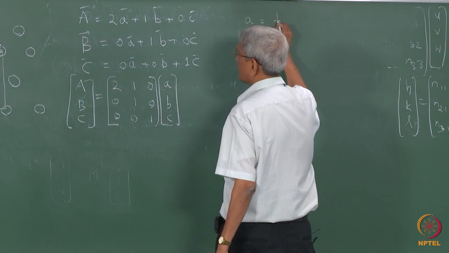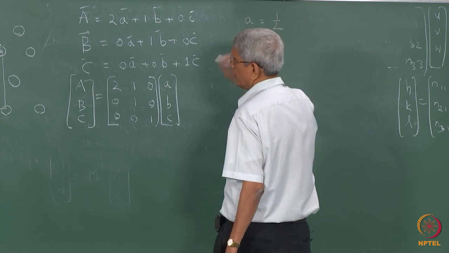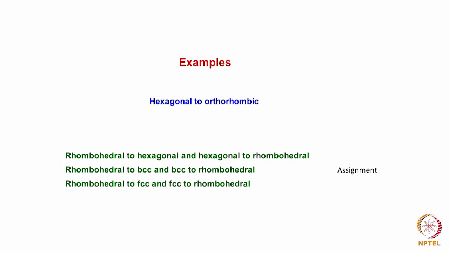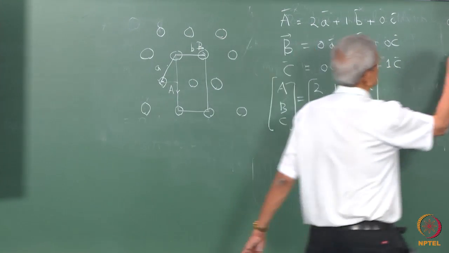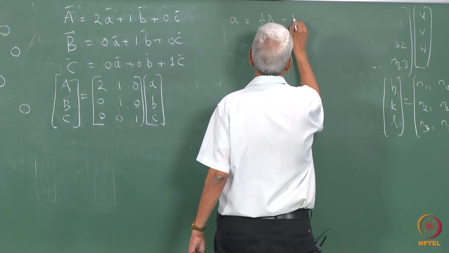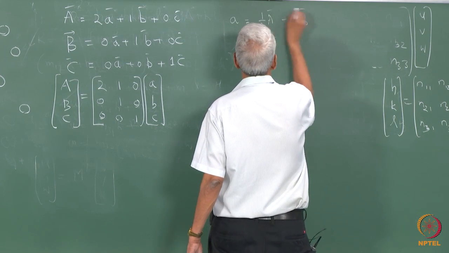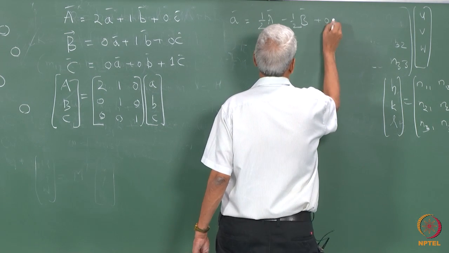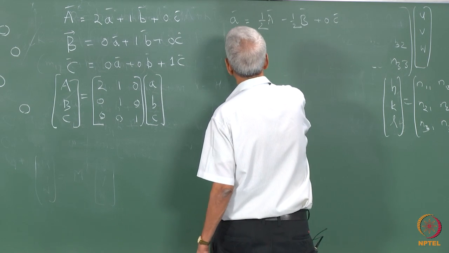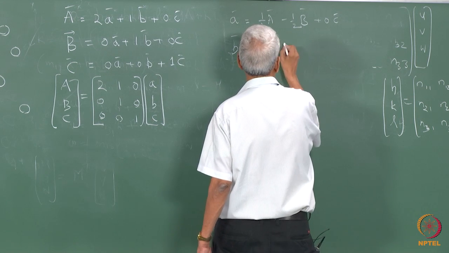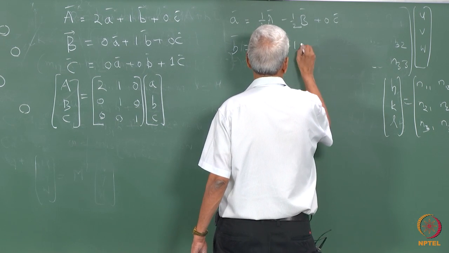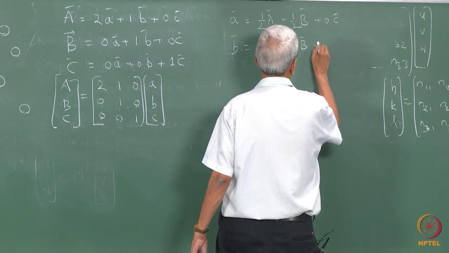A will be half into A, half into B, minus half into B plus 0 into C. B will be 0 into A plus 1 into B, correct?